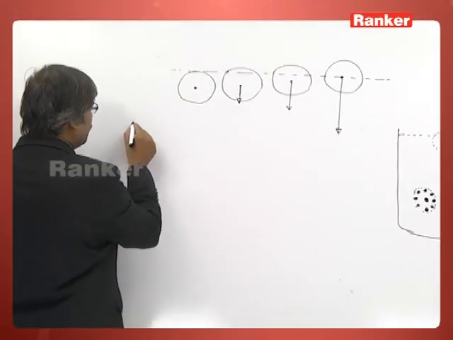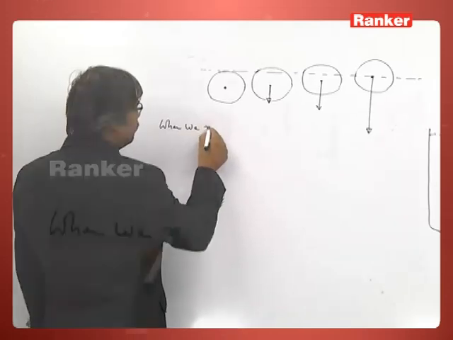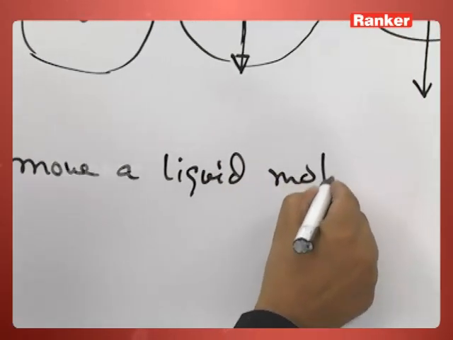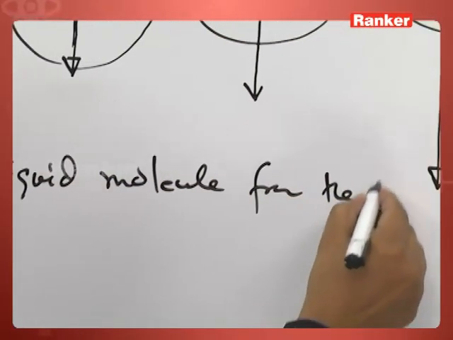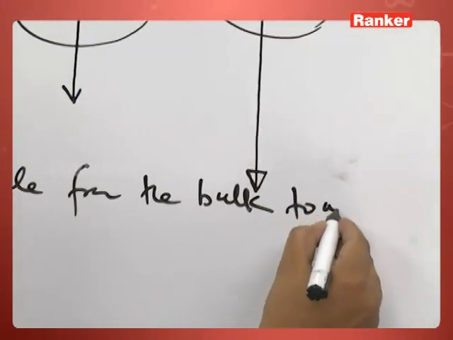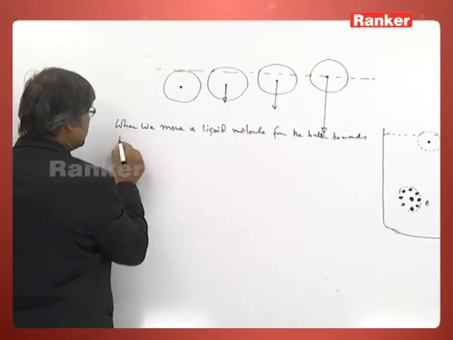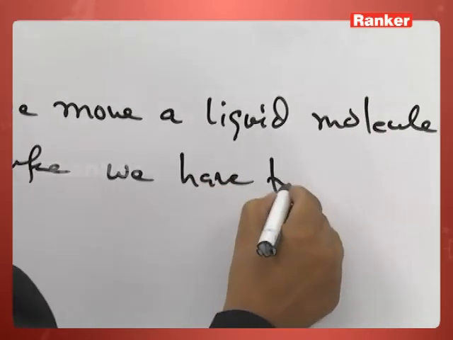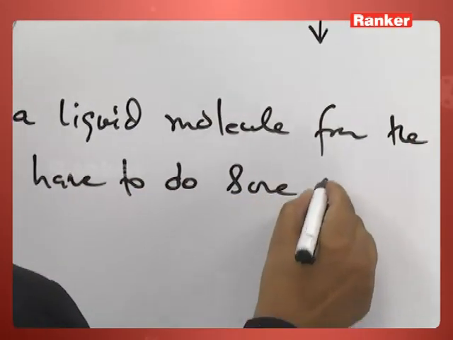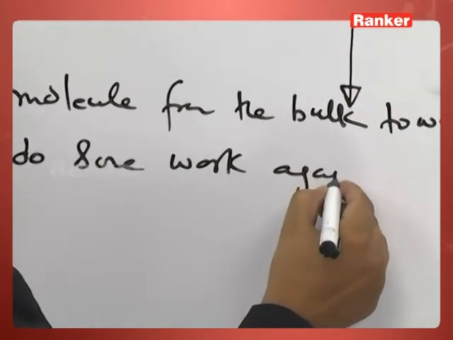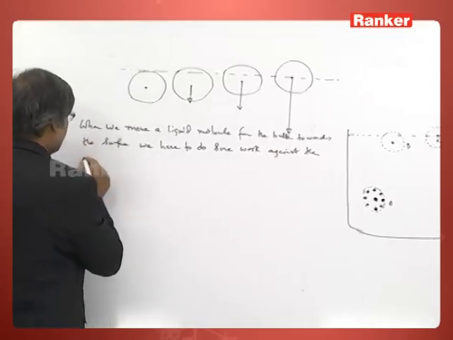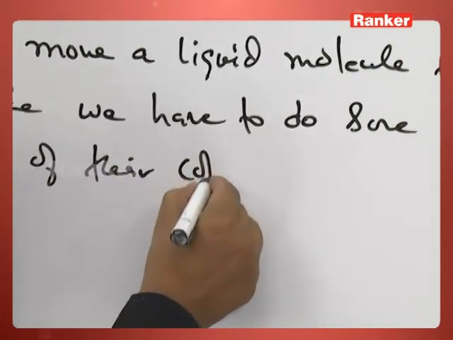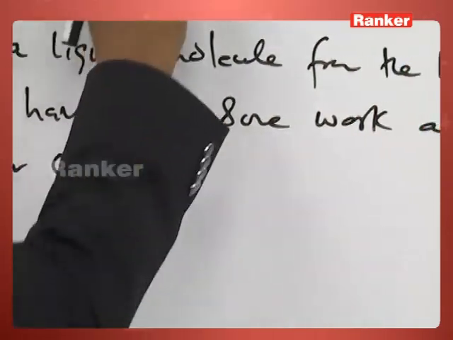So, when we move a liquid molecule from the bulk towards the surface, we have to do some work against the resultant of their cohesive force, against this force.